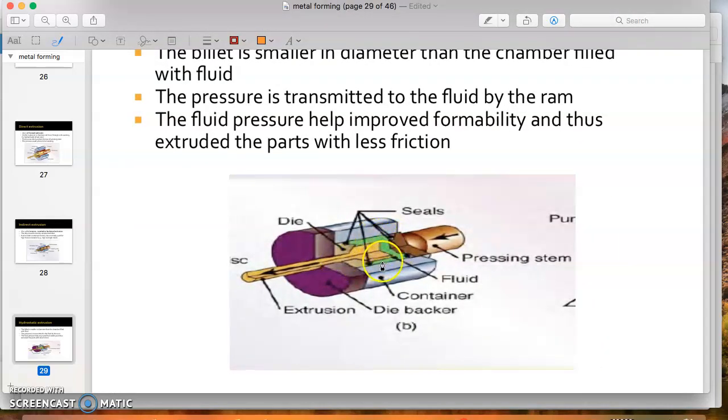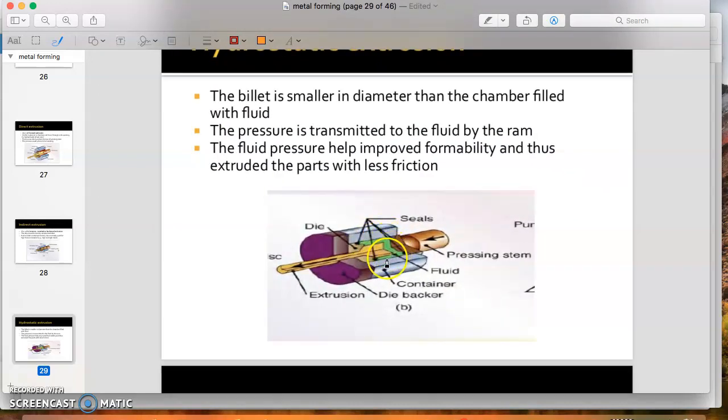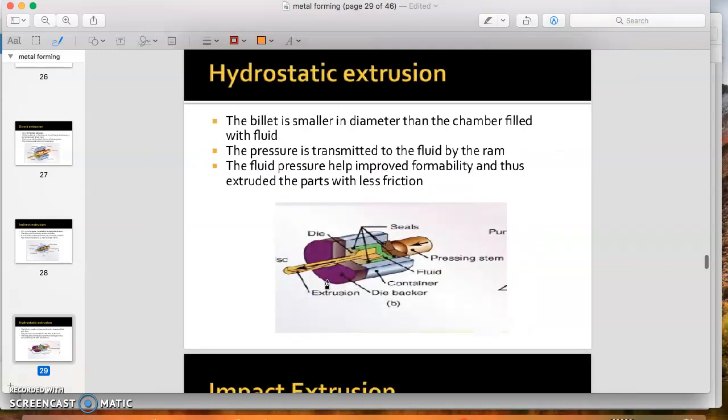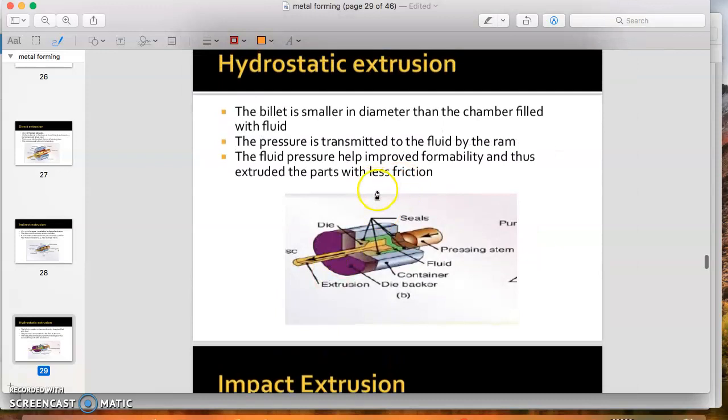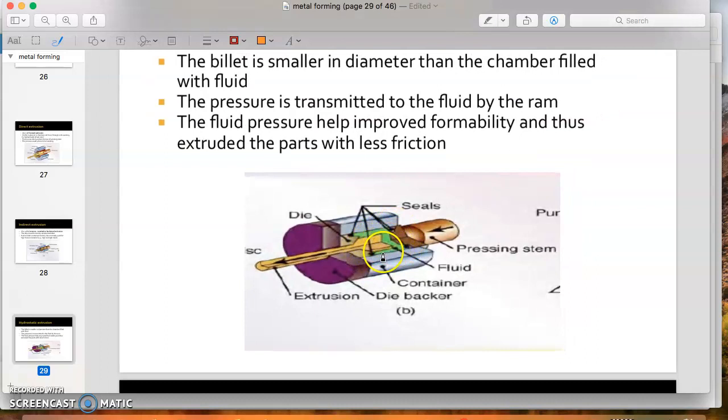The advantage of hydrostatic pressure is that the pressure occurs around the surface of the material being forced, so we get a high quality product. We can also reduce friction, because the existence of the oil keeps reducing the friction between the die and the billet.